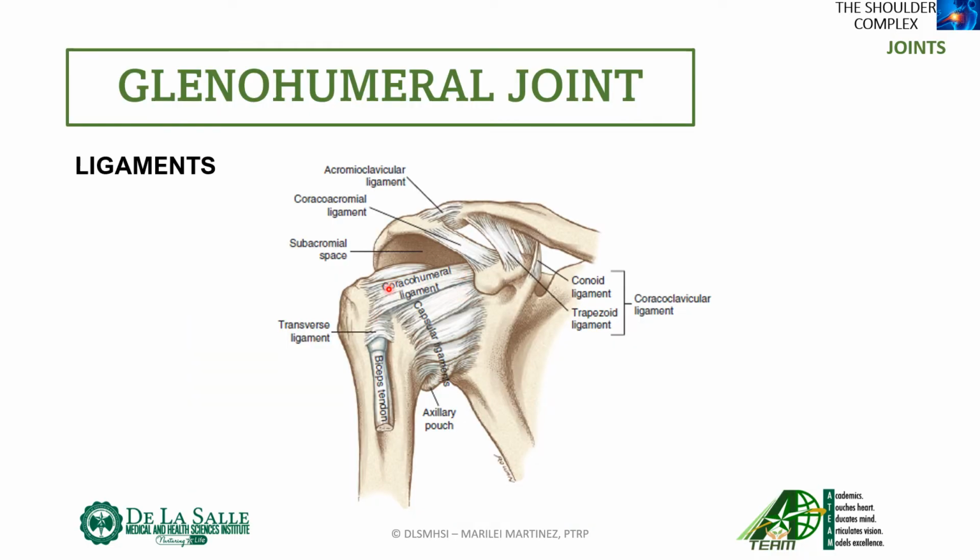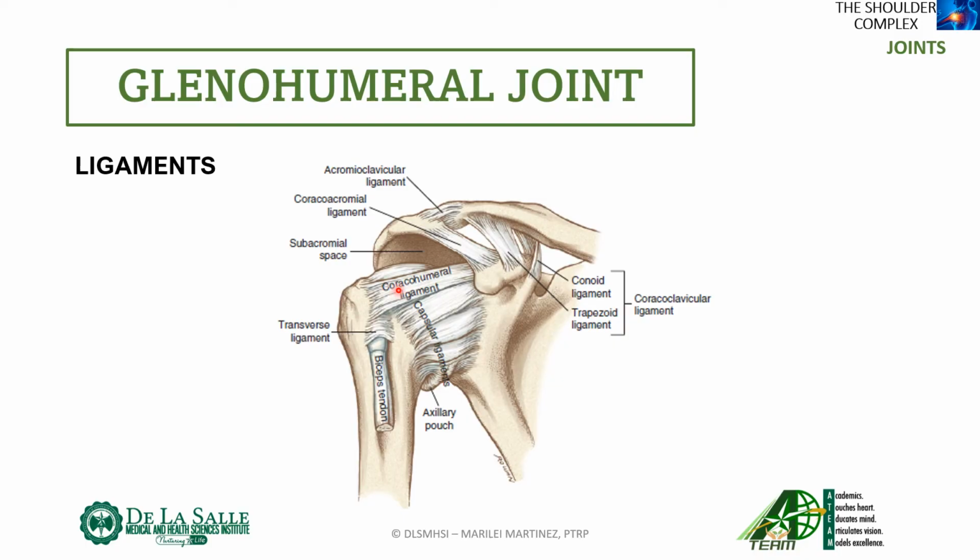Next, we have your coracohumeral ligament, which blends with the superior capsule and the supraspinatus tendon, although it is not visible here. Your coracohumeral ligament is relatively taut in the anatomical position.